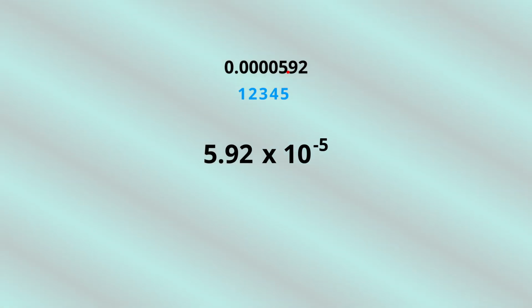Okay, so how do we write it out in scientific notation? So that would be 5.92 times 10 to the, now how many times did I move that decimal point? 1, 2, 3, 4, 5. So I'm going to say what? We're going to say a negative 5 because the original number is less than 1.